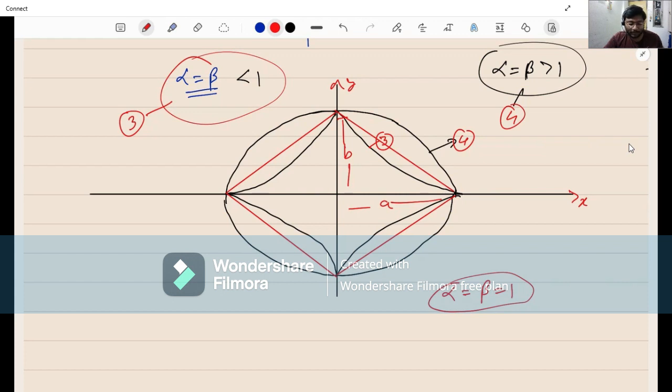One point is to be noted here: as alpha equal to beta tends to infinity, what will happen?